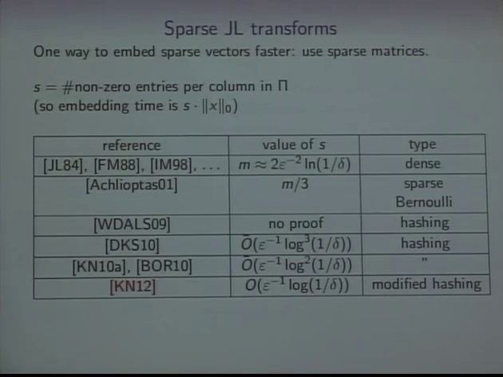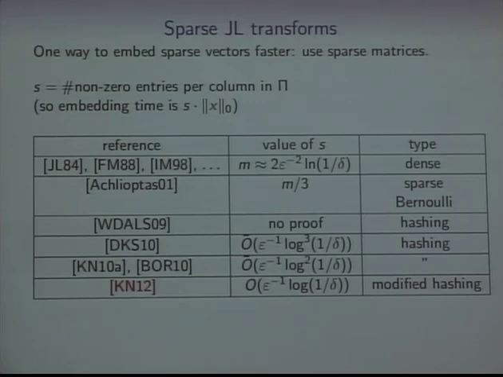In the original works of Johnson-Lindenstrauss and those other contemporaries, you get s to basically be m. Okay. Achlioptas showed that you can maintain the same exact m, even the constant factor, and get s to be smaller by a factor of 3. So he saves a factor of 3 in his embedding time.